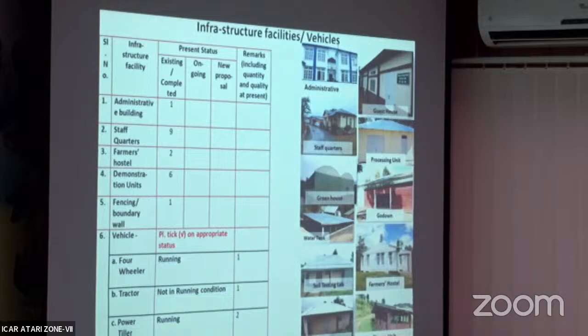Our tractor is not in running condition, it needs to be condemned and replaced. Otherwise, it's okay. The administrative building, as I already stated last year and during the annual action plan also, has lots of water leakage on the top floor. This hall used to be flooded, so we did urgent replacement.